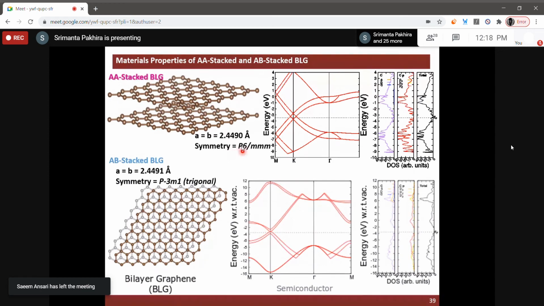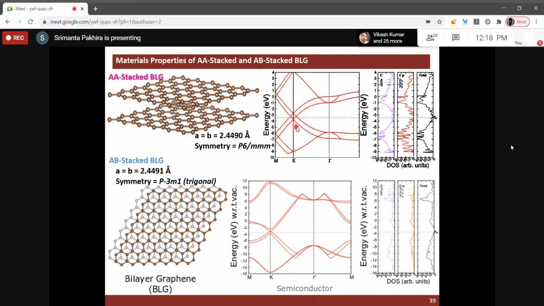In that case, we found that, exactly like graphene, it has the same kind of P6 hexagonal symmetry, and the lattice constant is roughly 2.545 angstrom using our density functional theory. We compared it and it is consistent with the experimental data. We also plotted the band structure along the M-K-gamma-M direction.